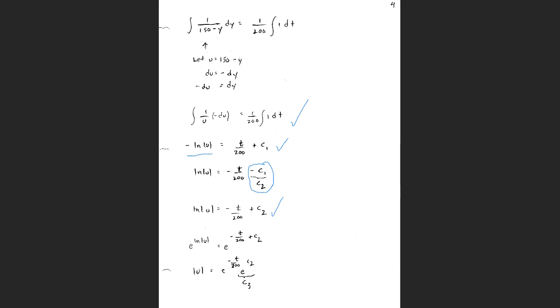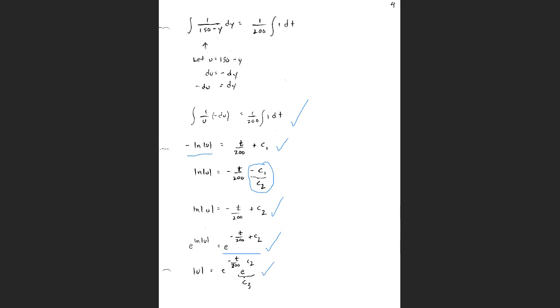Now, to solve for the log of the absolute value of u, we're going to exponentiate both sides of the equation. On the right side, e to the power negative t over 200 plus c2 is the same as e to the negative t over 200 times e to the c2 power.